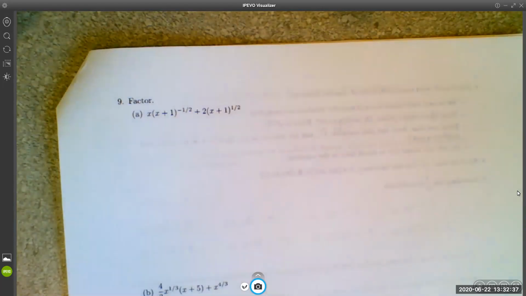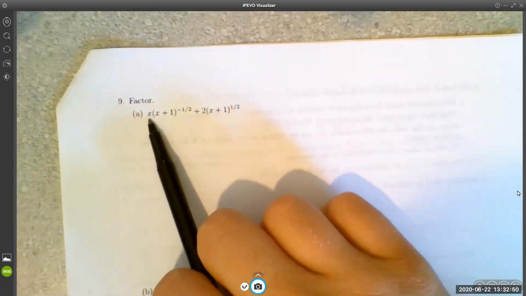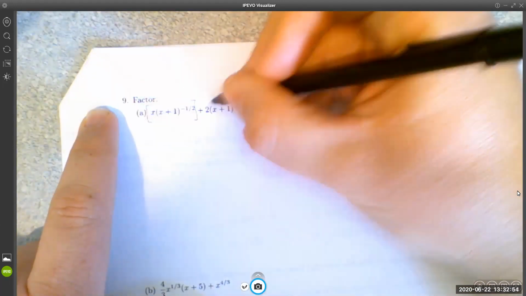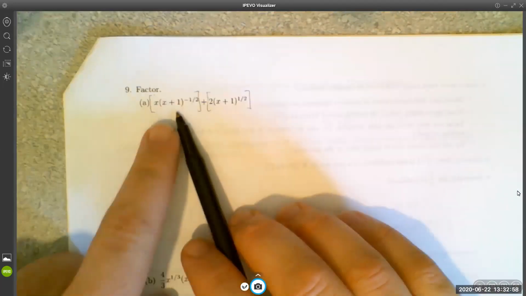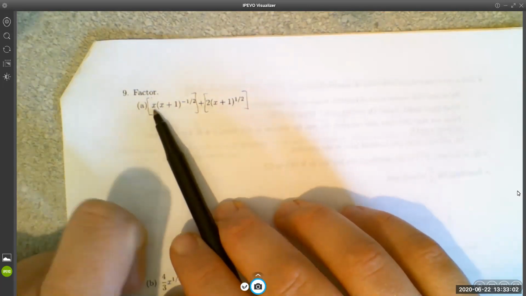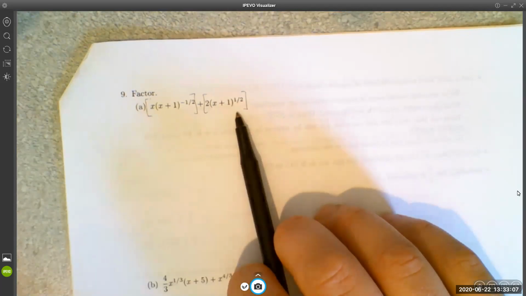When you're dealing with variables, you can always take out the variable that has the smallest exponent on it, right? So looking at part A, for example, I have a factor of x here. So this is a two-term thing, right? Here's one term, and here's another term, okay? On this first term, I have an x as a factor, but I don't have an x as a factor in the second term, so I can't factor out any x's.